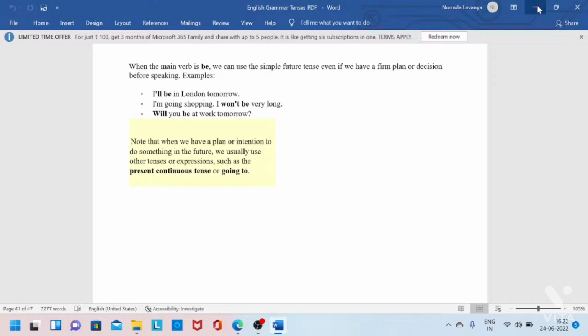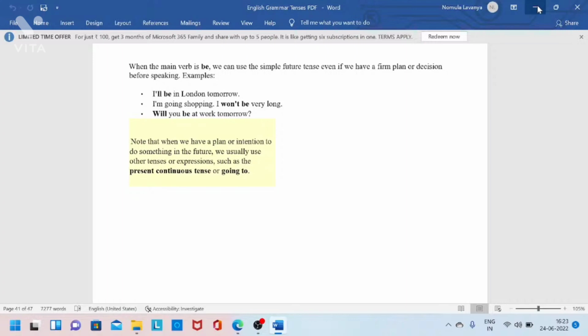So these are very simple formations with the main verb be, where there is a plan or decision made before they speak. So they are making some decision before they are speaking.